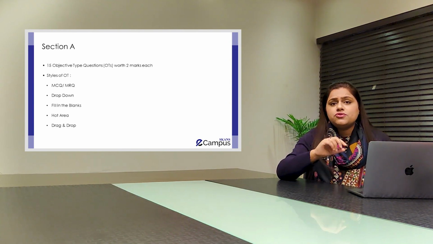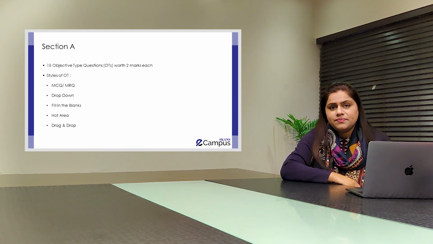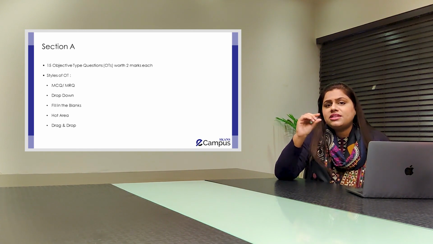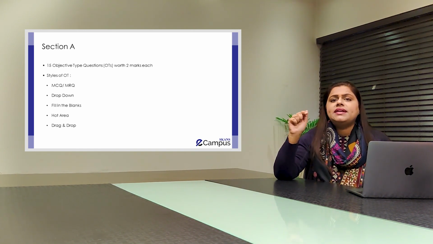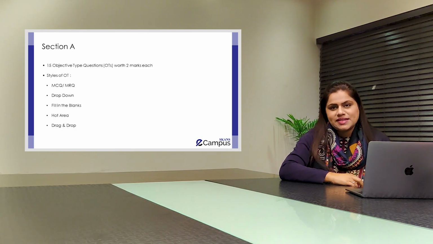You are not supposed to write any alphabet or currency sign, etc. in your answer space. Then the next type of question that you may get is where you have to select the right answer on the options displayed and dragging and dropping the correct answer in the designated space. The questions in this section can cover any area of the syllabus.